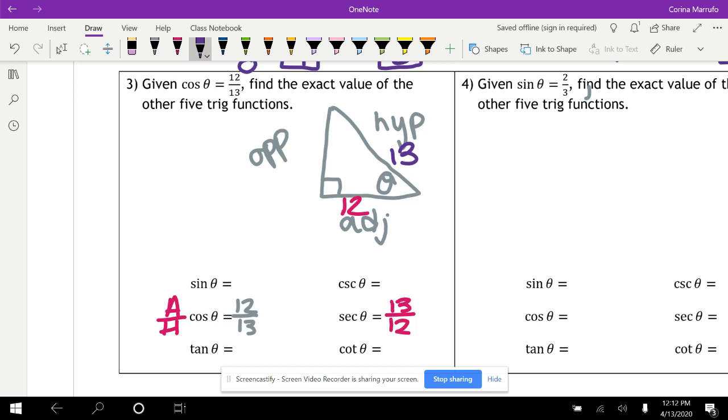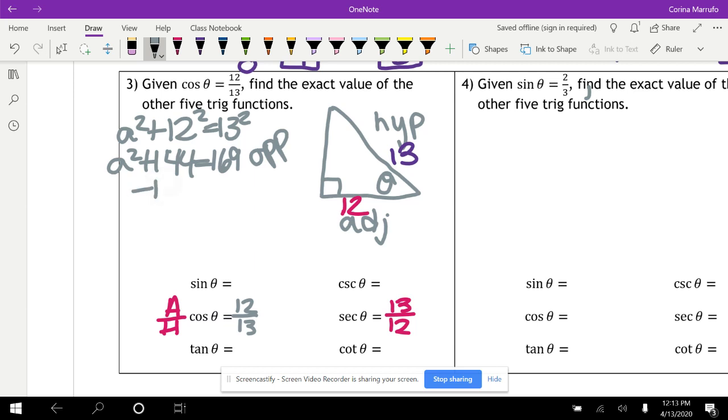Then from there, I can go ahead and use a squared plus b squared equals c squared to find my missing side. So a squared plus 12 squared equals 13 squared. And so a squared plus 144, because 12 squared gives you 144, equals 169.